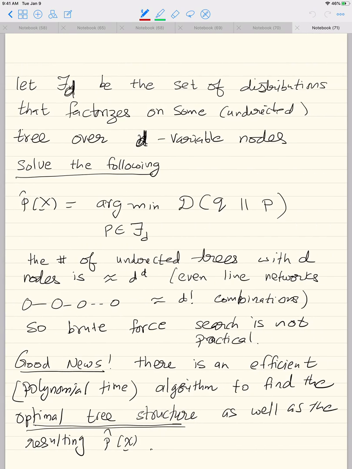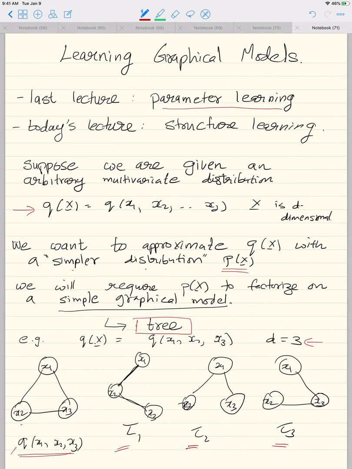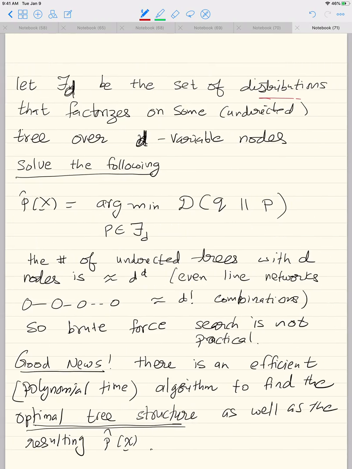So from now on, we will let F_D be the set of all distributions that factorize on some tree over D variable nodes. So we will not fix the tree. We will consider any kind of a tree consisting of the D variable nodes. So in this example, D is 3, so we have 3 possible trees. And we will assume F_D to be the set of all possible probability distributions that factorize on any such tree.